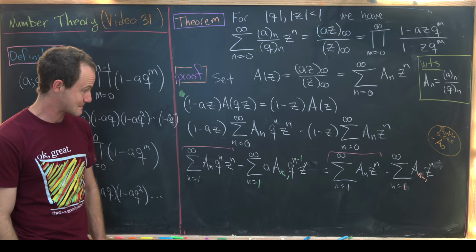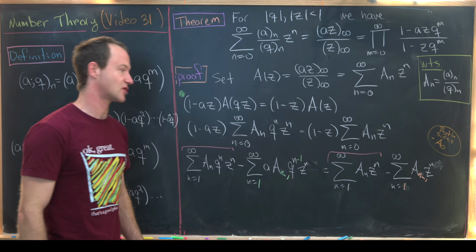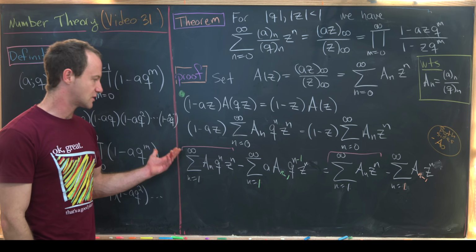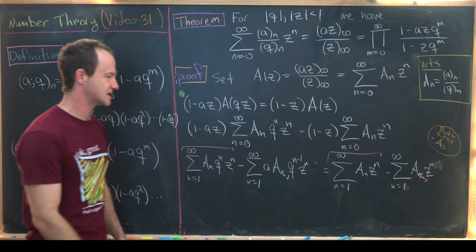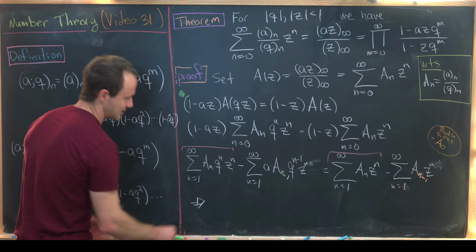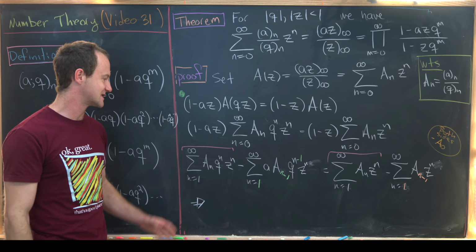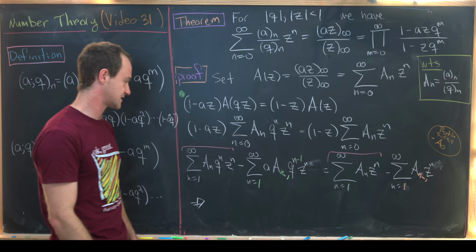Okay, nice. But now we can push these two sums together and then extract coefficients, because the coefficients of all powers of z must be equal on both sides of this equation. So instead of pushing the sums together and extracting coefficients, let's just extract coefficients.